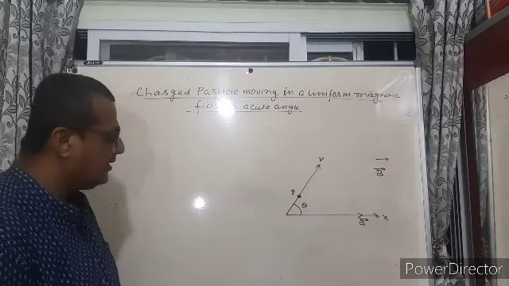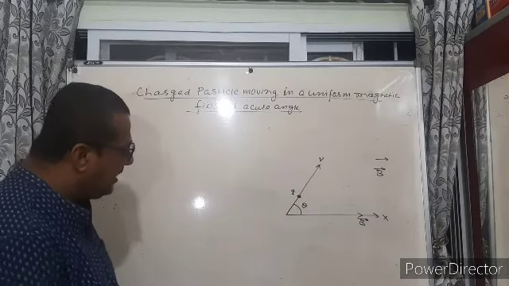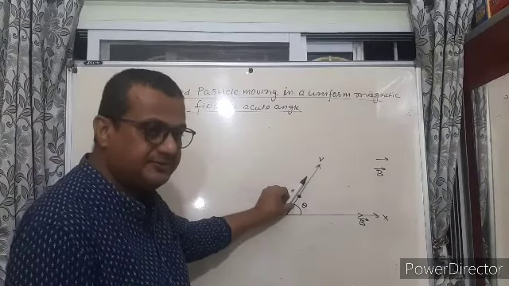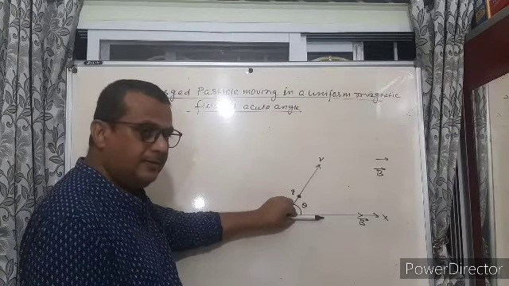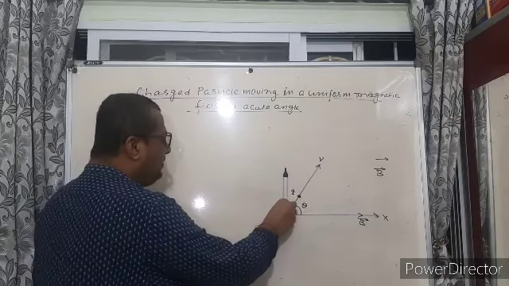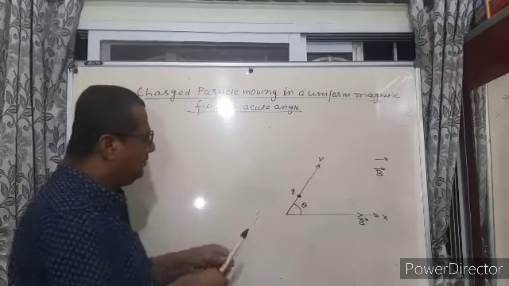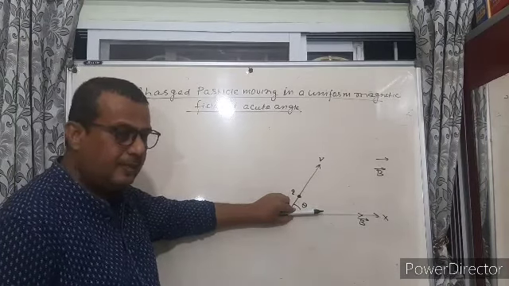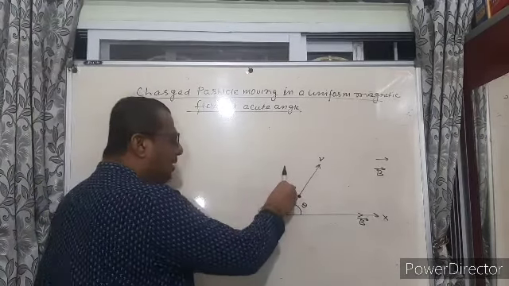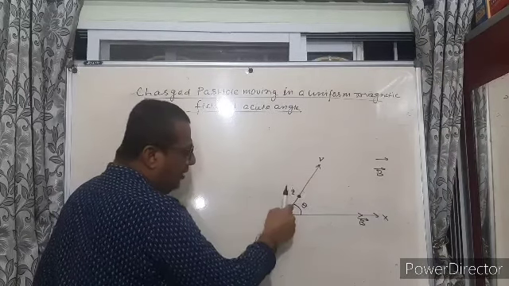So it is very clear that here velocity will have two components. One component will be v cos theta and the other component will be v sin theta. The v cos theta component is along the magnetic field and the v sin theta component will be perpendicular to the magnetic field.